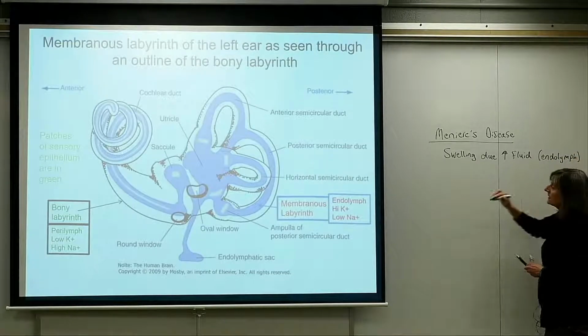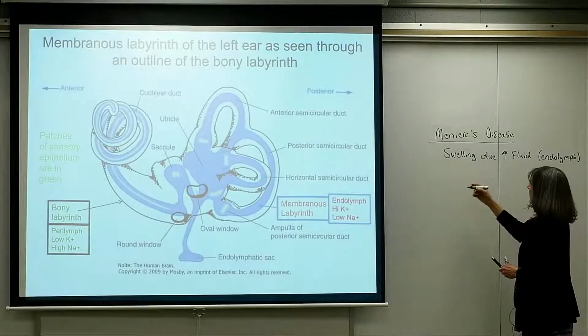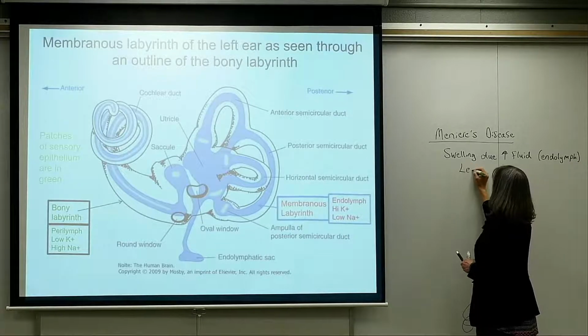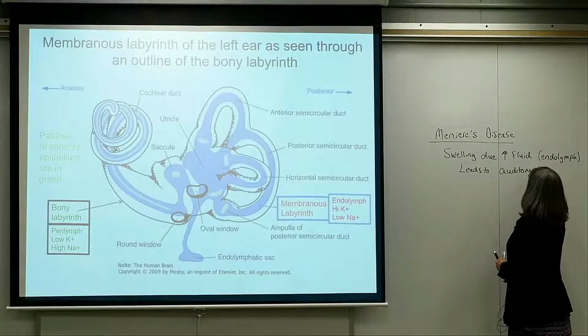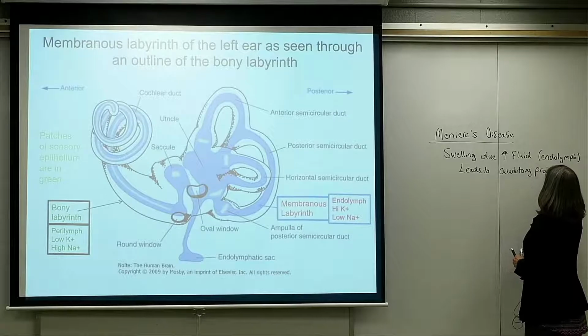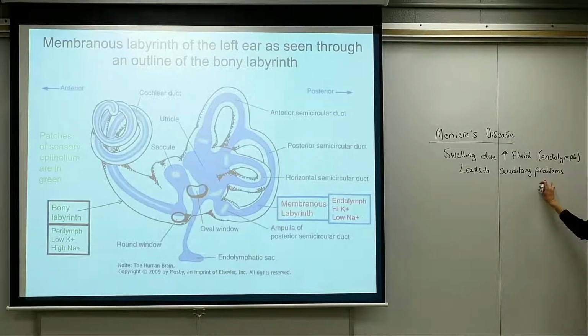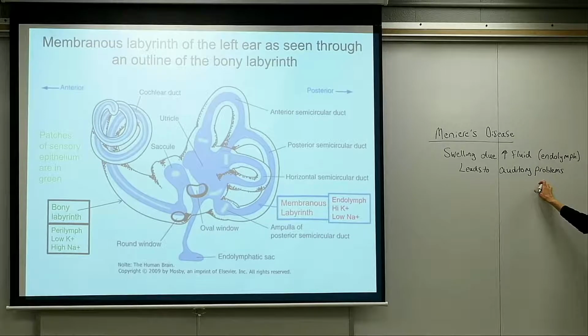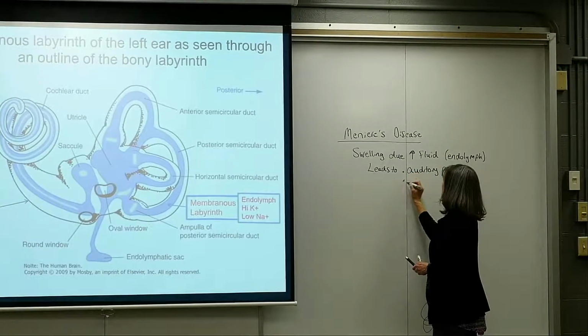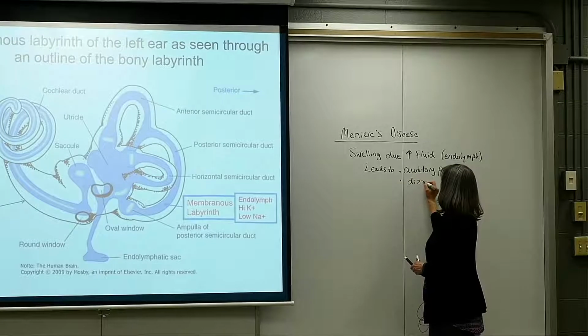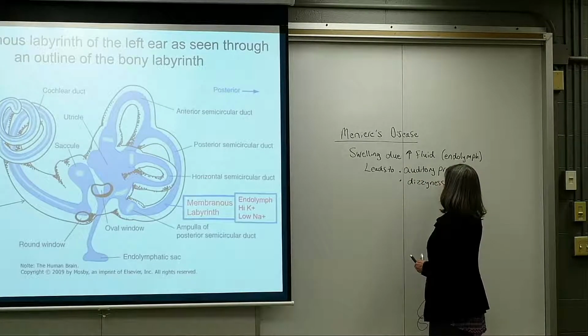And because this endolymph goes throughout the vestibular and the auditory system, it leads to auditory problems. So this can be problems hearing, or it can be tinnitus, which is a ringing in the ear. And it also leads to dizziness and nausea.